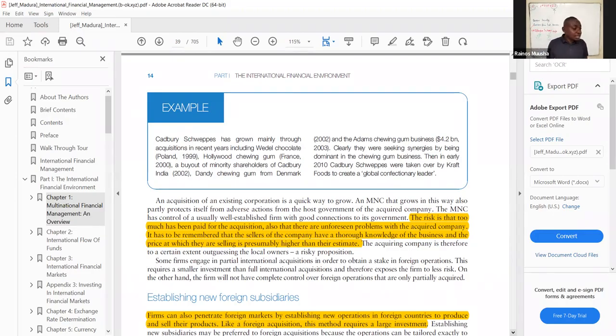But the risk there is that the seller knows more about the intricacies of the company being bought than the acquirer does.